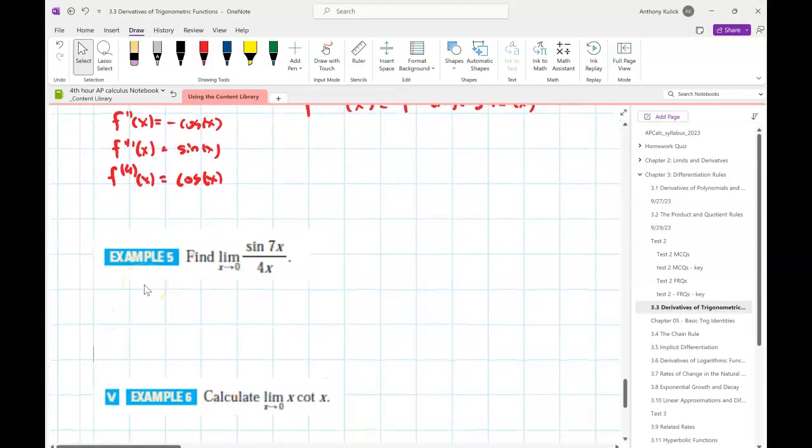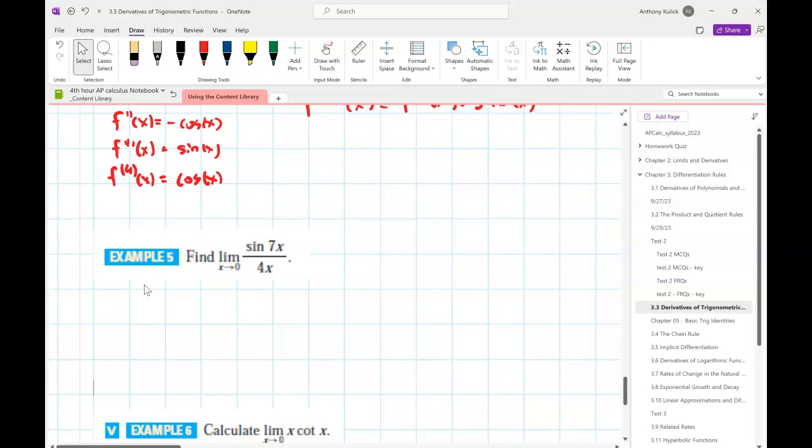Oh yeah, some fun limits here. All right, limit as x approaches 0 of sine x over 4x. How am I going to do this? I can't do a direct substitution because what do I get? 0 over 0. Oh no. What does this look like though?